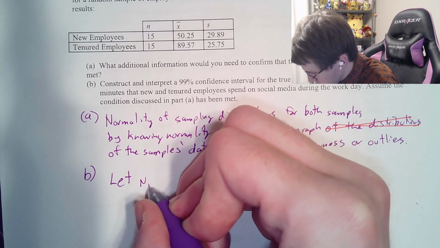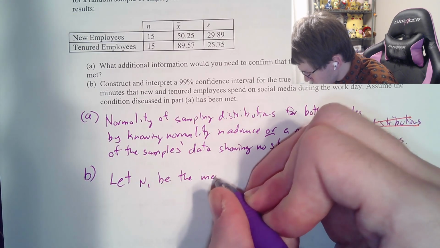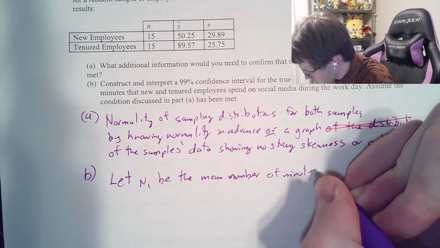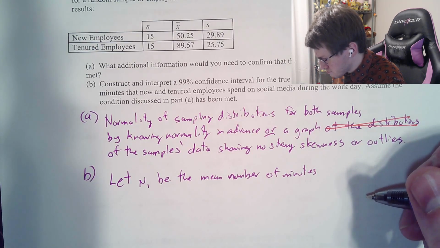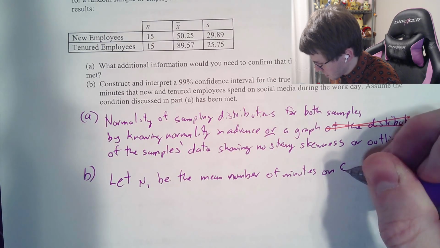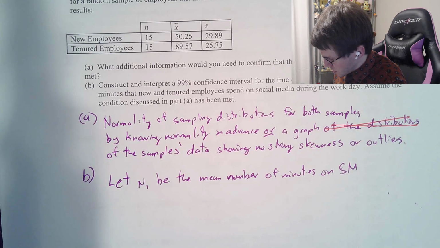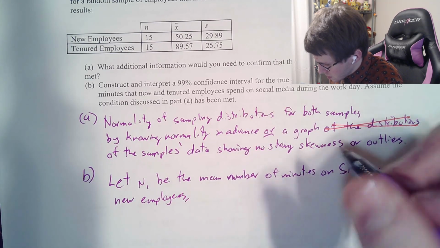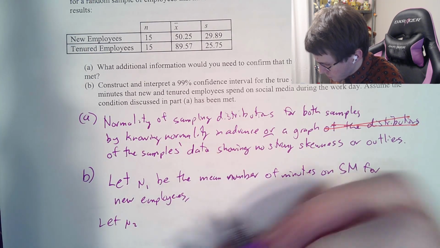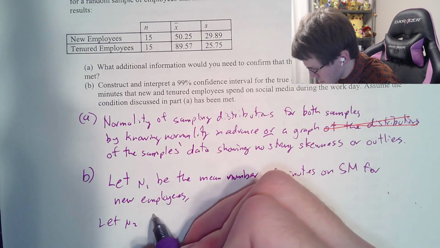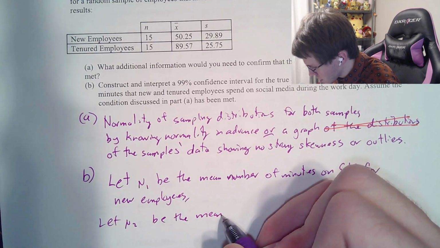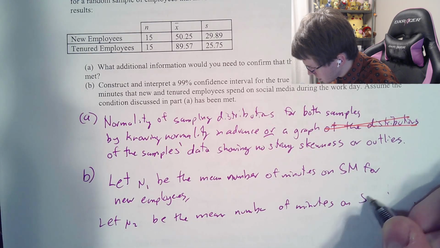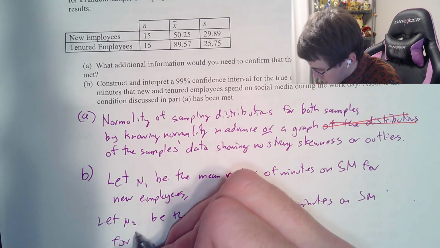Let mu1 be the mean number of minutes on SM, for social media, for new employees, and let mu2 be the mean number of minutes on SM for tenured employees.